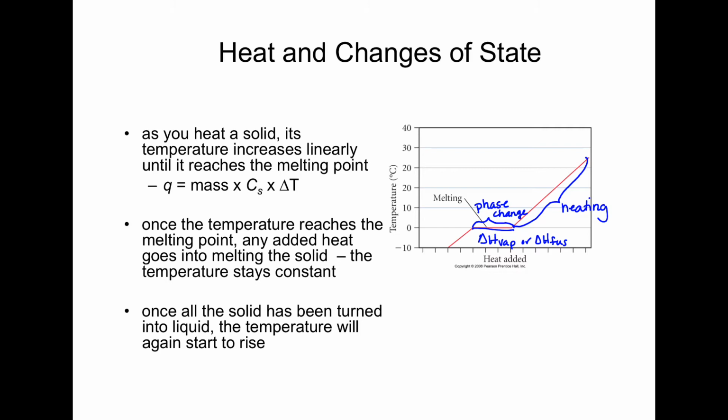For the heating portion, we use our thermochemistry equation that Q equals C times M times delta T. It has to do with the specific heat, the mass, and the change in temperature. So the amount of energy that we would put in would increase with how much temperature we want to increase. It would increase with the amount of mass that we're putting in, and it would increase with the specific heat of the compound.